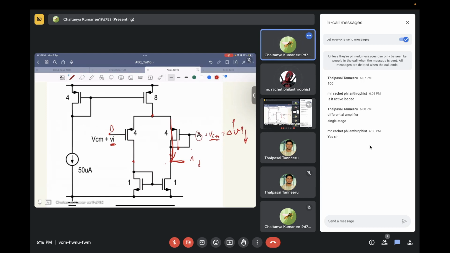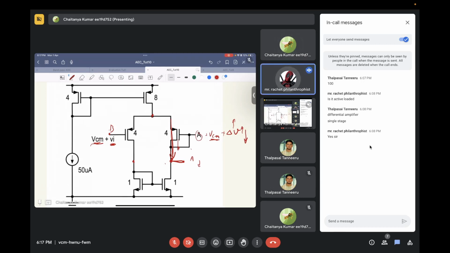Yes. So whatever VCM you apply in large signal, as long as VCM is in the range such that all your transistors are in saturation, your node A will also remain at VCM. Okay.